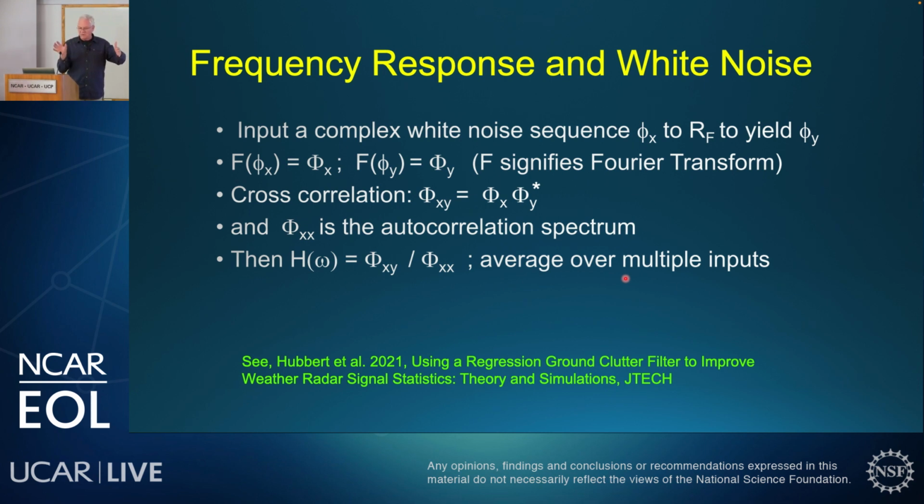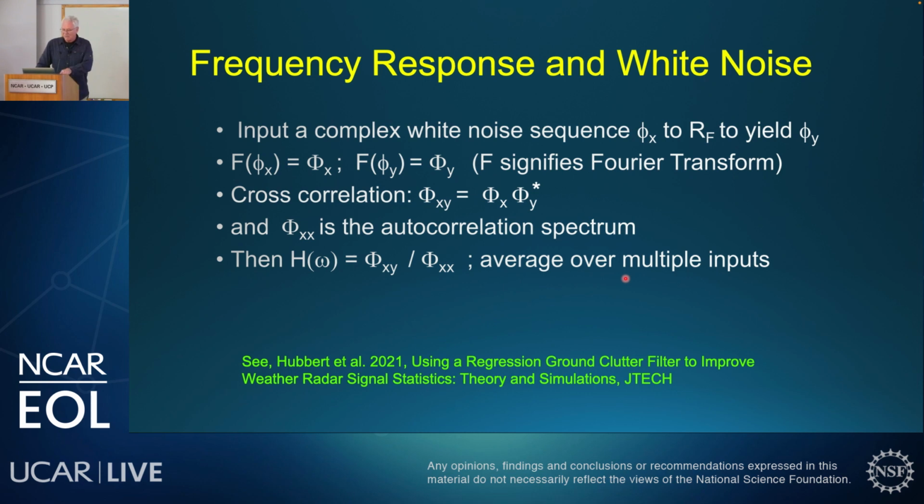What your filter does to that signal will be seen in the output. You pass multiple pure white noise signals through that filter, build up maybe 1,000 or 5,000 outputs, and average all those spectra, and you'll end up getting the frequency response that way. I particularly like this technique.